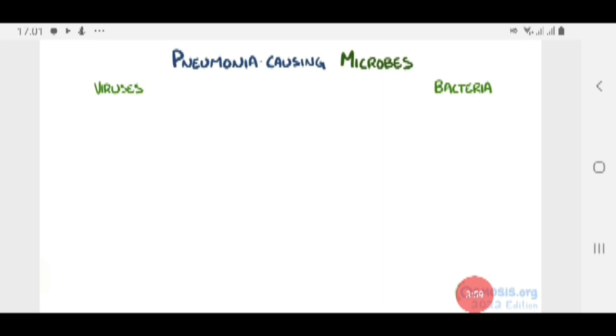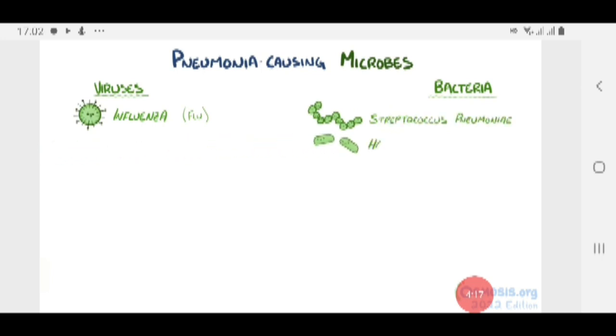In adults, the most common viral cause of pneumonia is influenza, sometimes just called the flu. In adults, bacterial causes include Streptococcus pneumoniae, Haemophilus influenzae, and Staphylococcus aureus.